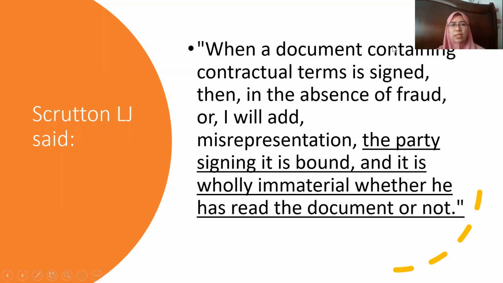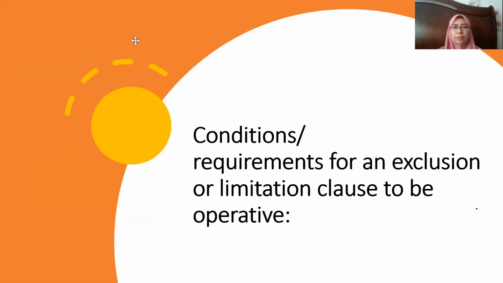And this is what the judge, Scrutton LJ, said: when a document containing contractual terms is signed, then in the absence of fraud, I mean, it's not a case of fraud whatsoever, or even misrepresentation, the party signing it will be bound by the terms here. And it is wholly immaterial whether he has read the document or not. That's the principle in relation to exemption clauses.